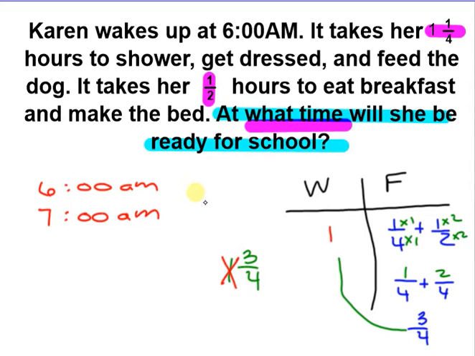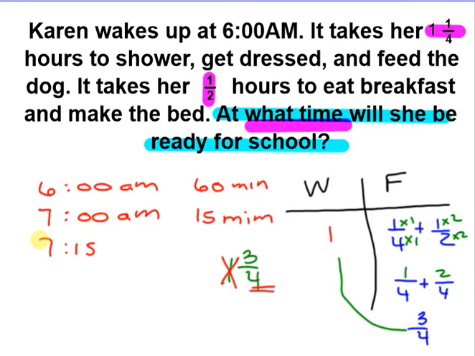Well, how long is an hour? It's 60 minutes. Okay, well, we're working with fourths. What's 60 minutes chopped into fourths? So what's 60 minutes divided by 4? Well, that's 15 minutes. And it's going to take her 3 of those 15 minutes.